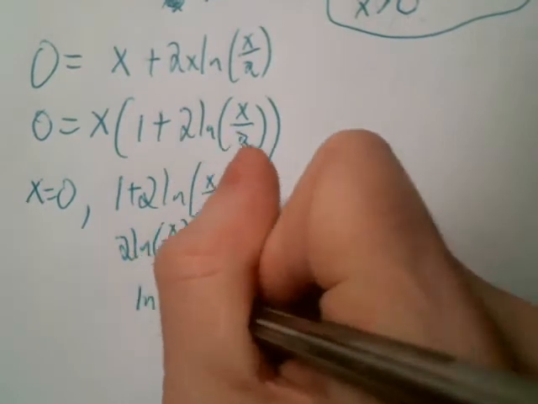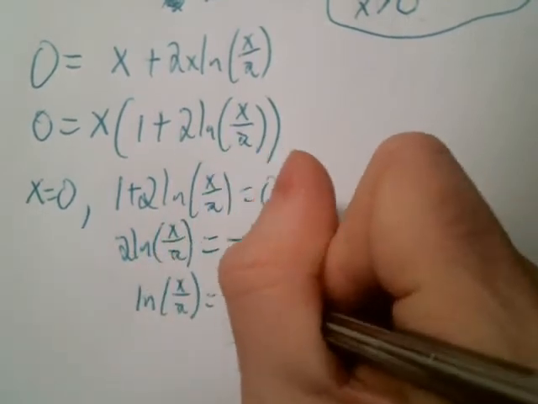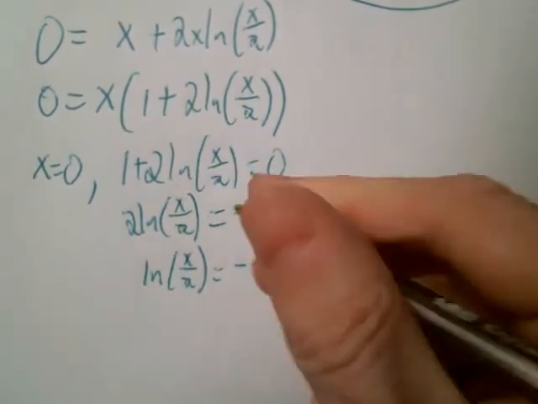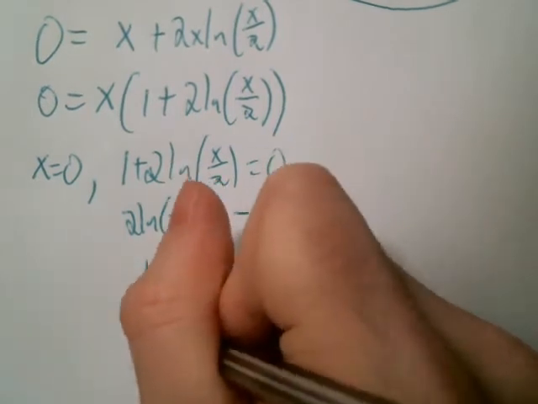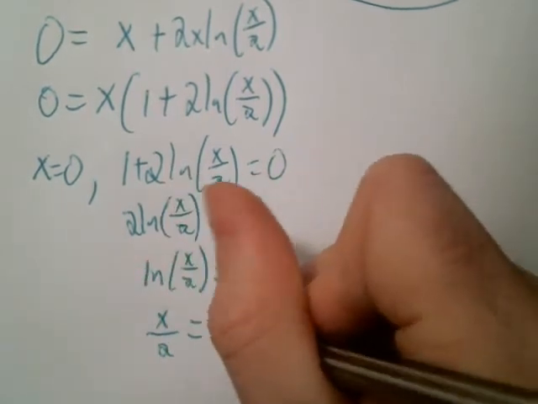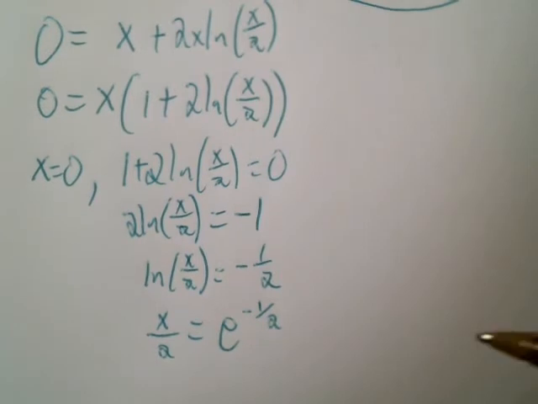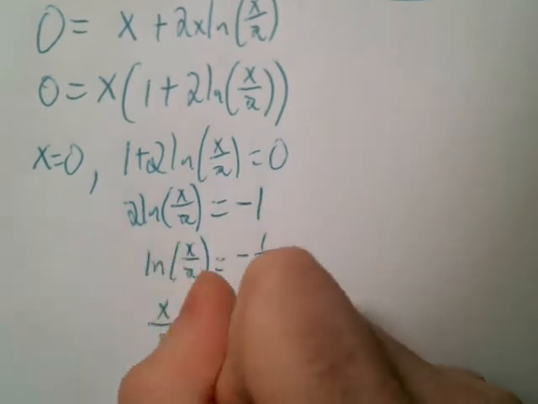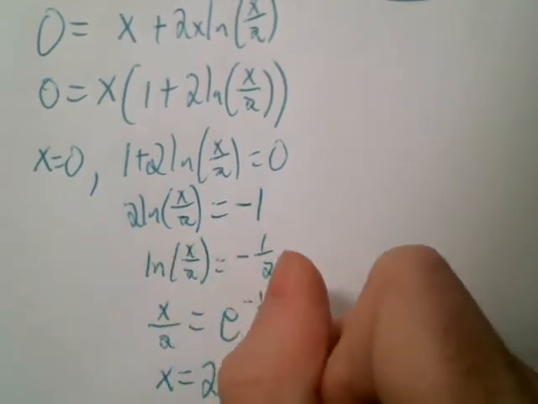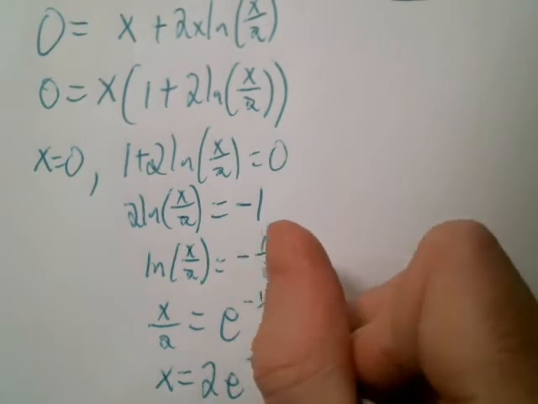Ln of x over 2 equals -1/2. And then exponentiate both sides, and you get x over 2 equals e to the -1/2. Multiply both sides by 2, and we have another critical number.